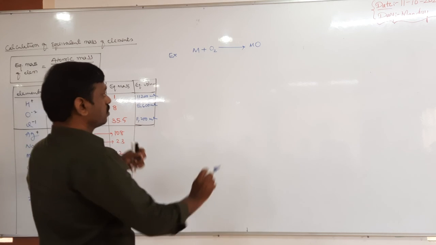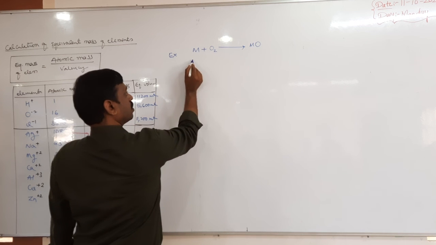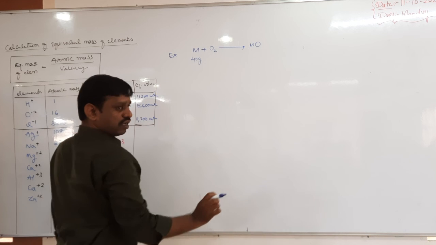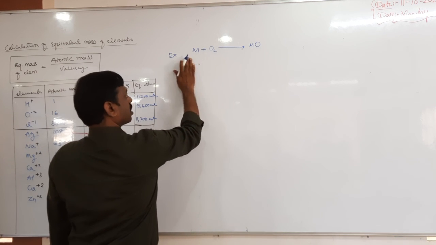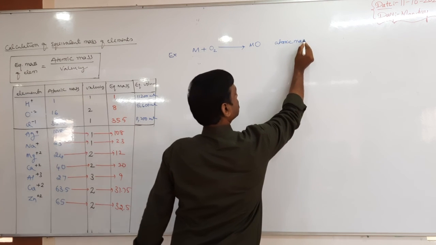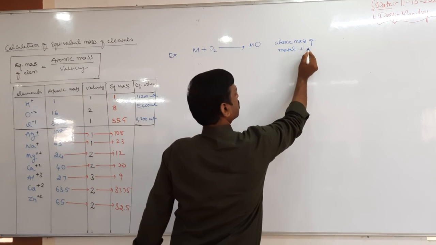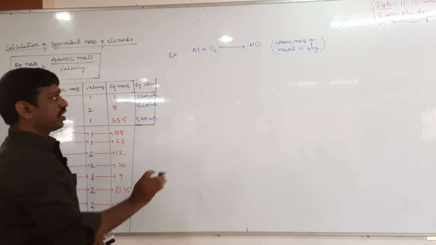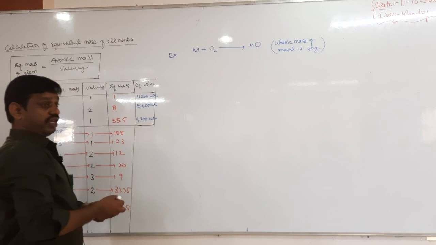Now here let us take the mass of the metal as 40 grams, the atomic mass, that is gram atomic mass. So calculate the equivalent mass. 20. Why?